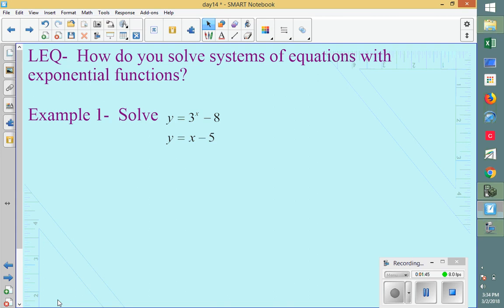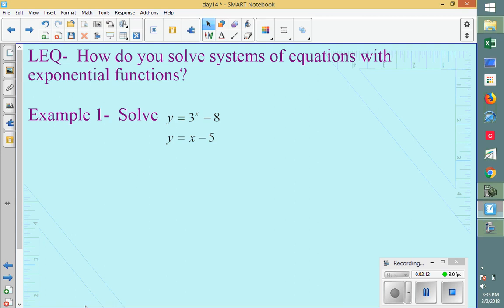So the only thing that's left is solving using graphing. When you get to calculus, you'll learn some techniques for solving systems with exponential equations, but there's no algebraic approach. So make a note in your notes that because this system has an exponential equation as part of it, it cannot be solved algebraically. So the only way we can solve it is by graphing.